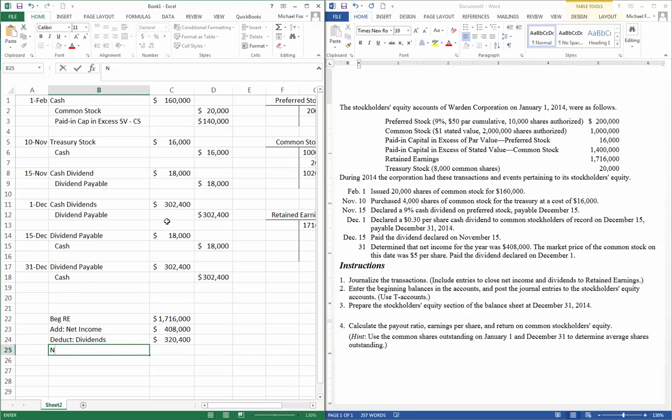And this will give us the new or ending retained earnings. So beginning plus net income minus dividends. So our new retained earnings will be $1,803,600.